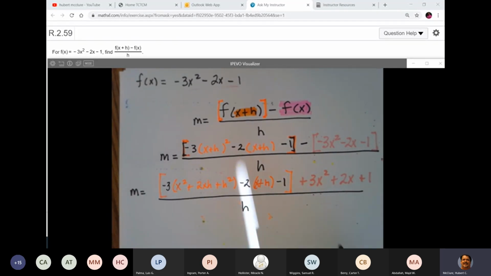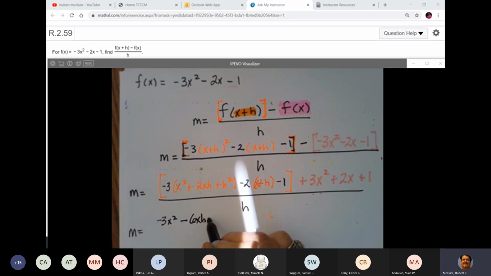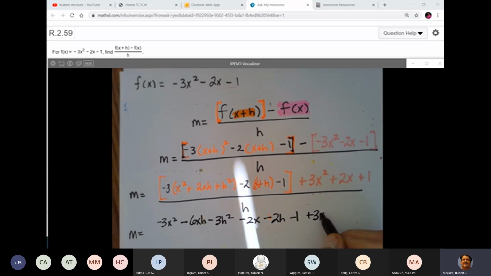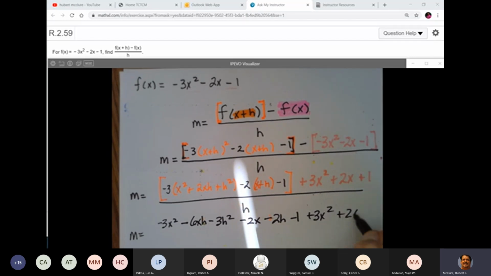So that's going to be negative 3x squared minus 6xh minus 3h squared minus 2x minus 2h minus 1 plus 3x squared plus 2x plus 1.